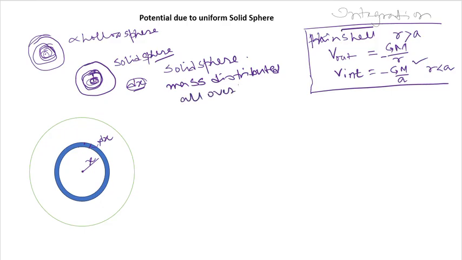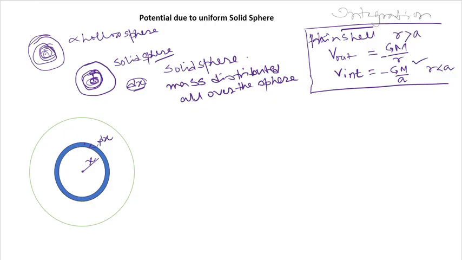It is not only distributed on the surface area like what we have seen in the last video, where for a hollow sphere or thin shell, mass is only distributed along the surface area, but here mass is distributed all over the sphere.